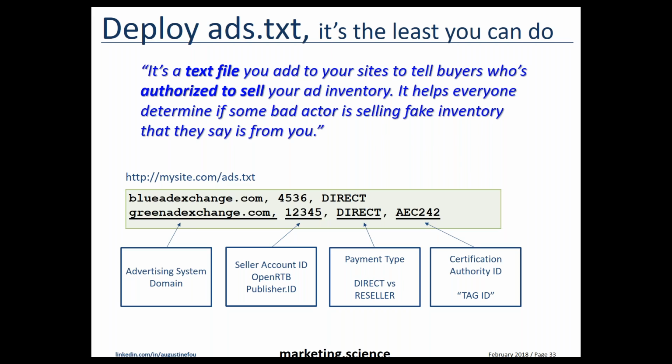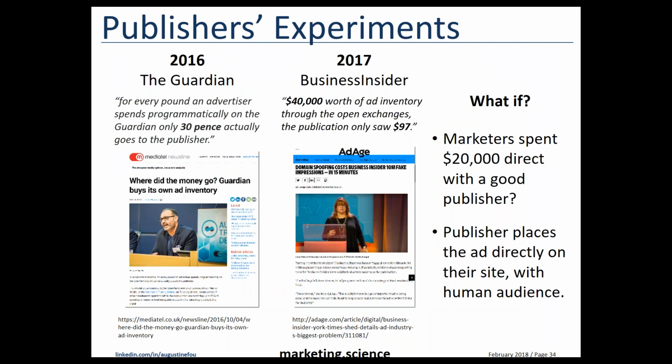The reason it's important for publishers to have this as soon as possible is so that when buyers come to look, they will know, if I bought it from ad exchange BCD and it's not listed here, then I bought fake inventory, because that ad exchange is not authorized to sell inventory from this particular publisher. So this is a step publishers can take to make it easier for buyers to tell if they're buying real inventory, meaning your inventory, or fake inventory pretending to be your sites.